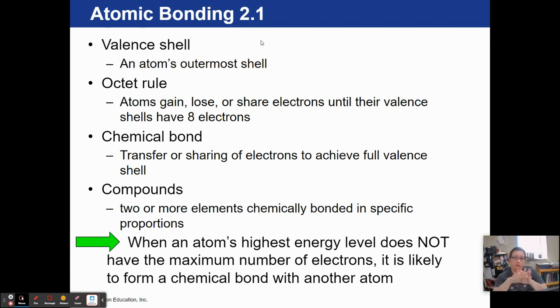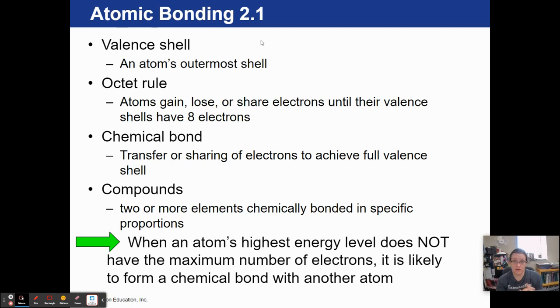The outermost shell is called a valence shell, and the shells themselves want to have 8 electrons in them. So that's the octet rule. The atom will gain or lose or find a way to share electrons in that outermost area of their particular makeup to become stable.